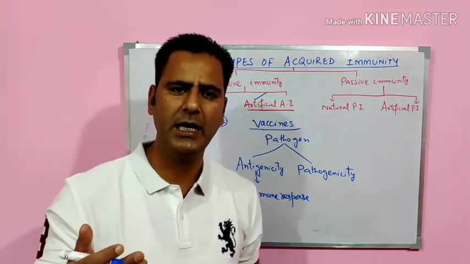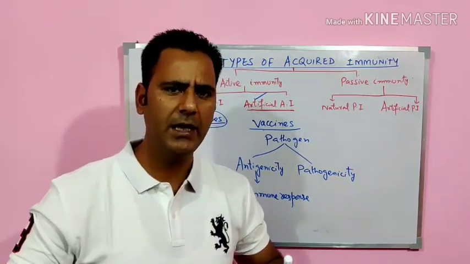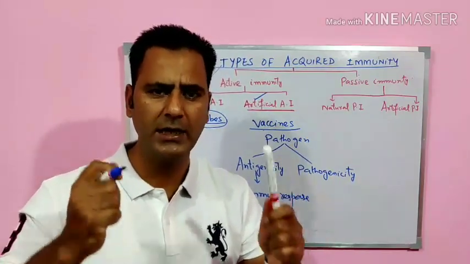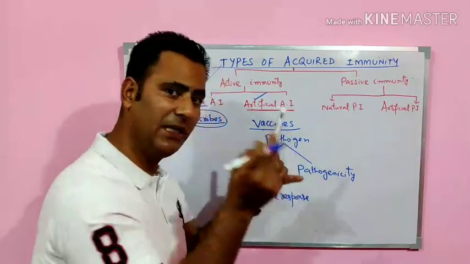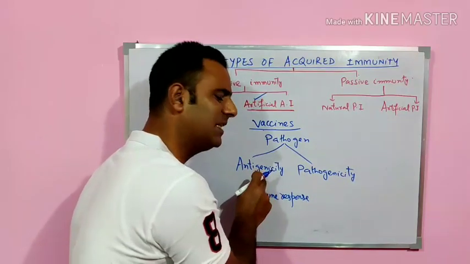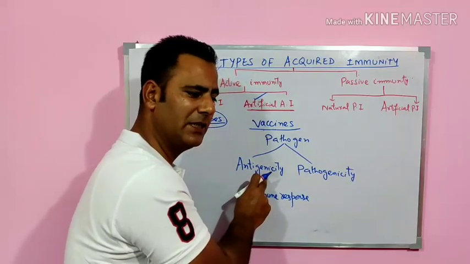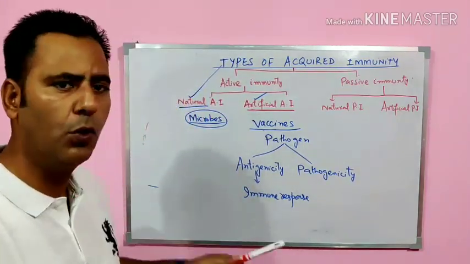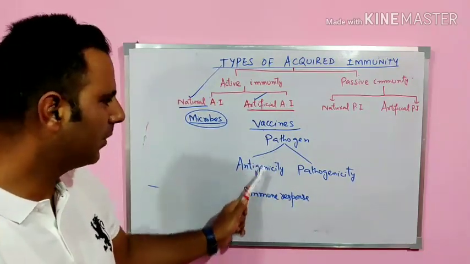Whenever we get any foreign invader, whenever our body is being attacked, at that time our body has a natural tendency to fight against the invader, because it is the inherent property of this pathogen to possess antigenicity, and by virtue of this antigenicity, our immune system gets activated and evokes an immune response against the pathogen. This is the property of the pathogen.